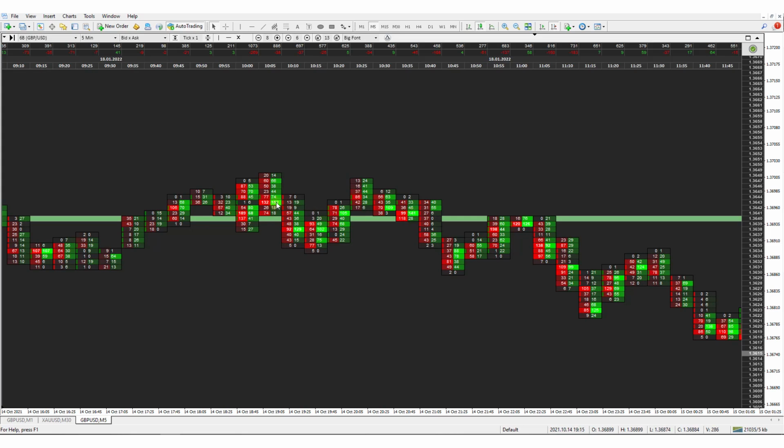141, 152, 105. Yes, very high volume on the buyer side, but all these clusters were absorbed. Yes, the sellers didn't want to give the buyers chance to go higher. Even the M5 delta was very negative.